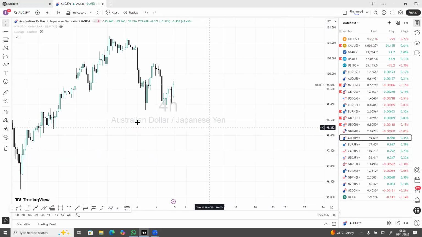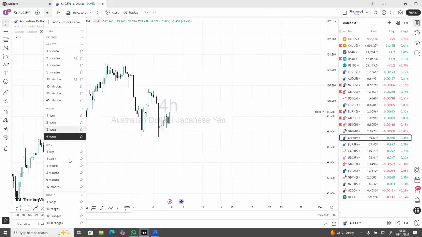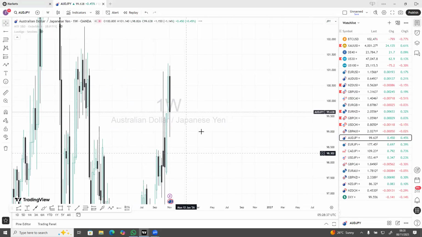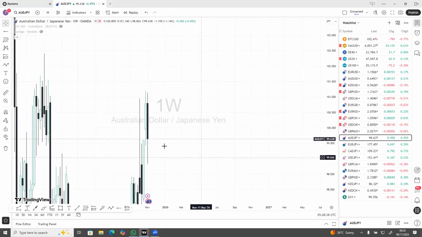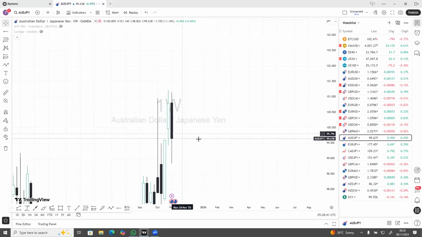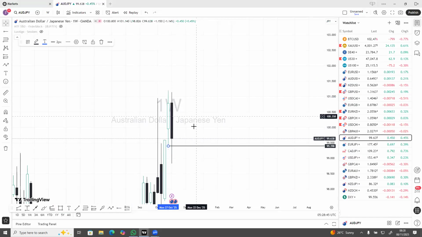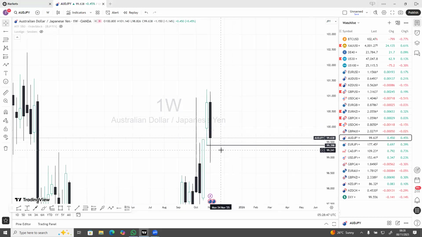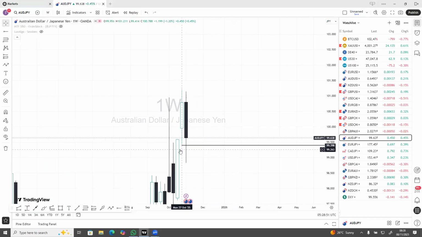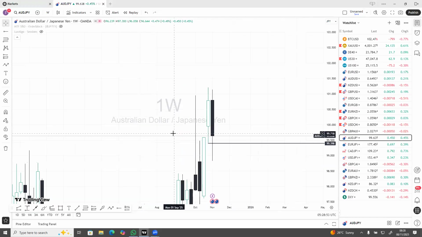Audi JPY, weekly time frame market structure like that. You can see the candle arrangement. There is a manipulation candle also, the same as Euro JPY.